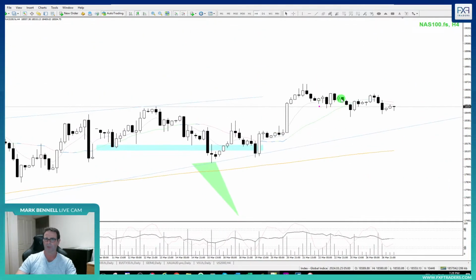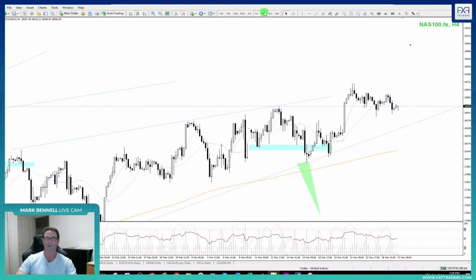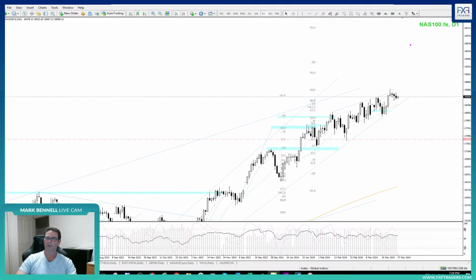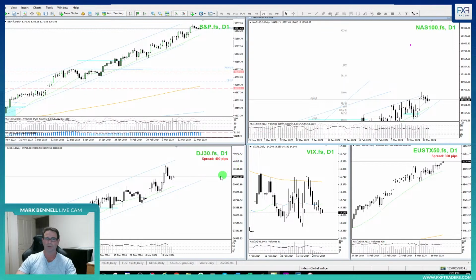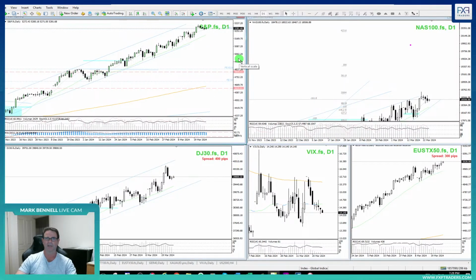Well, here's our corrective. Nice move up. We've certainly got the swings there. I'd want to see it above here. That's what we want to see. Nice shallow pullback. We don't want to see deep, sharp sell-offs. Same with NASDAQ and the S&P.